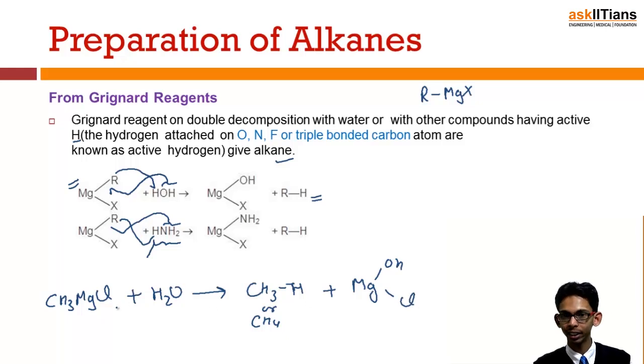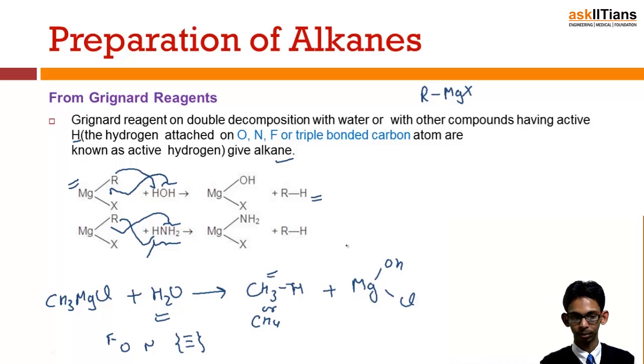So whenever Grignard reagent is reacted with water or any other compound containing active hydrogen, now active hydrogen is a hydrogen attached to fluorine, oxygen, nitrogen or triple bond, that means acidic hydrogen which can be replaced easily, it will result in the formation of alkane.